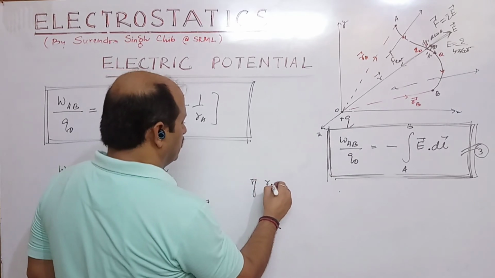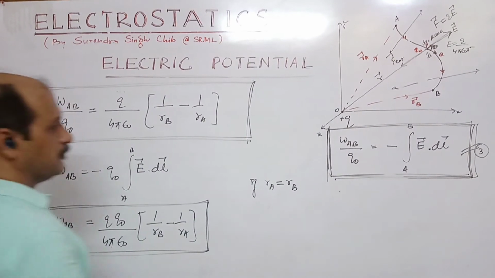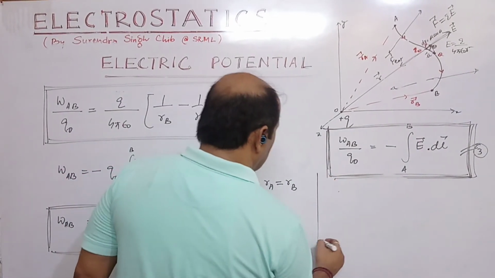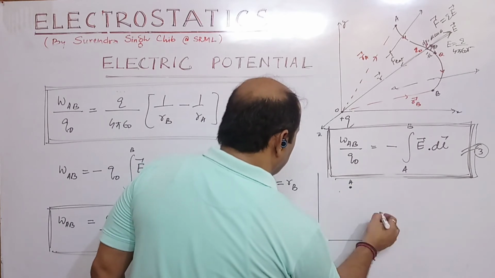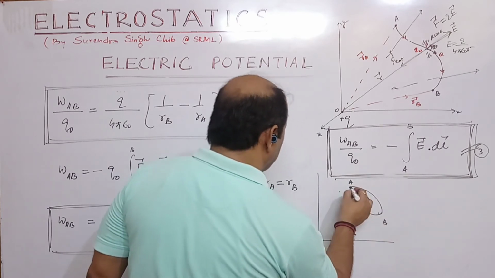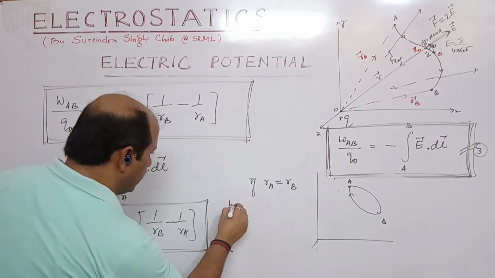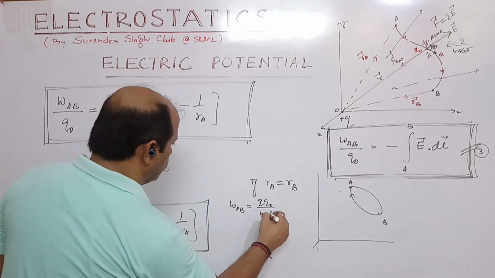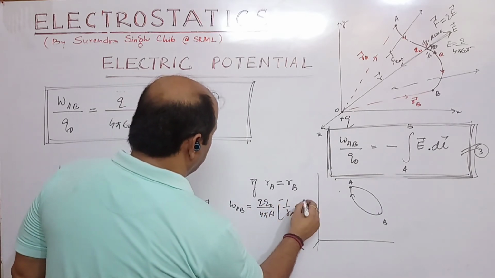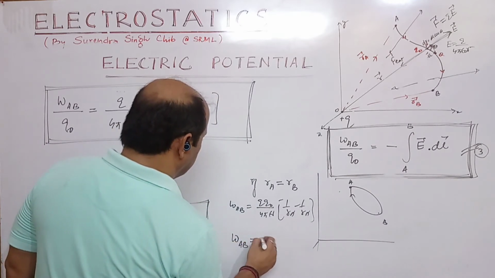If RA is equal to RB, कहने का मतलब this is point A, this is point B, यहाँ से यहाँ गया, यहाँ से फिर वापस यहाँ. If RA equals RB, what will we get? Work done कितना मिलेगा हमें? Q naught upon 4 pi epsilon naught, 1 upon RA minus 1 upon RA. That means work done is 0.